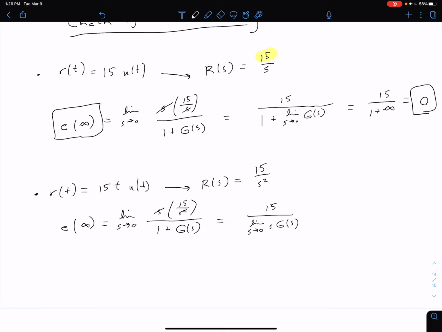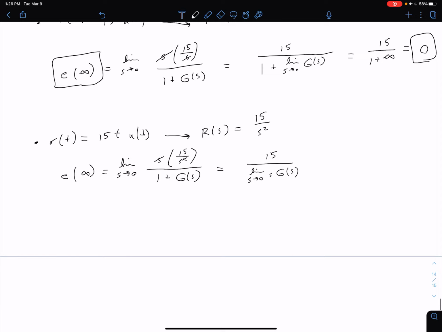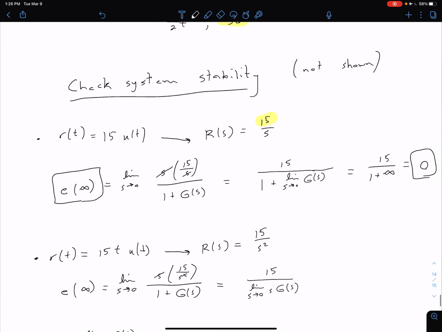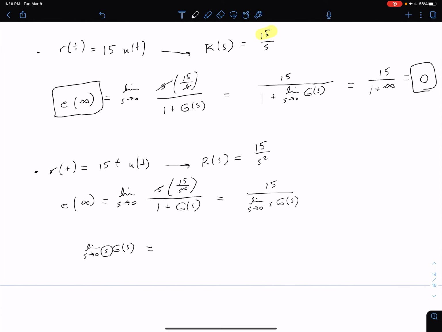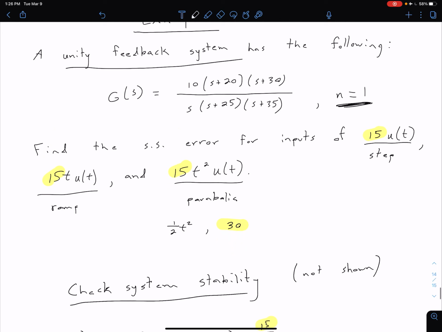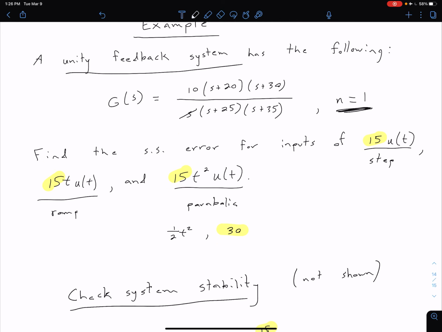Now we need to evaluate the limit as s goes to 0 of s g of s. Let me copy that and pull this down here. The s out front is going to cancel out with this s here, so we're going to get rid of that one.